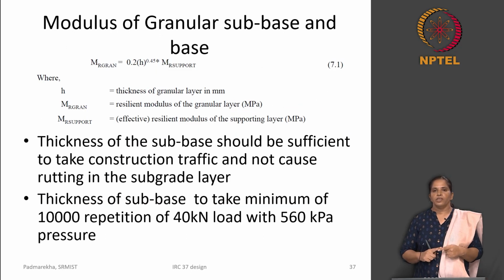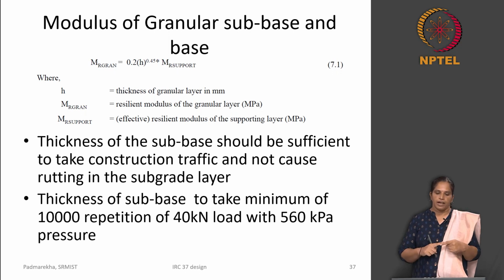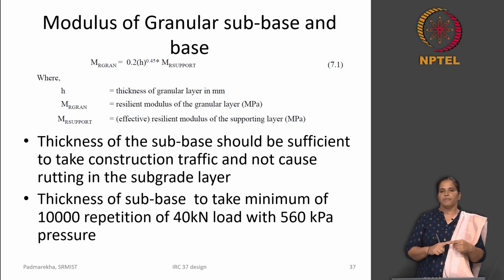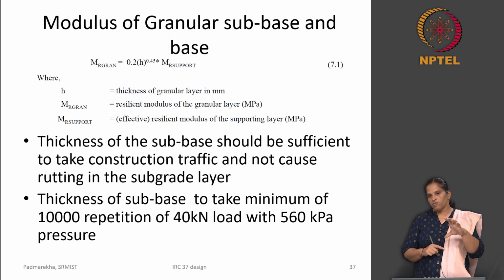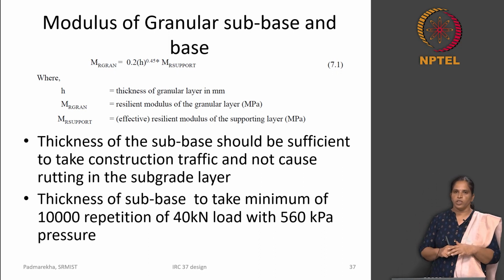Next is the modulus of a granular layer, that can be a base layer and a sub-base layer. We know that the modulus, that is the resilient modulus of a granular layer, is pressure dependent. So if the depth of the granular or sub-base layer is going to change, the modulus value is going to change.